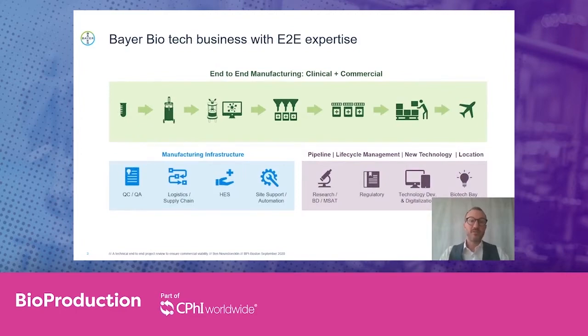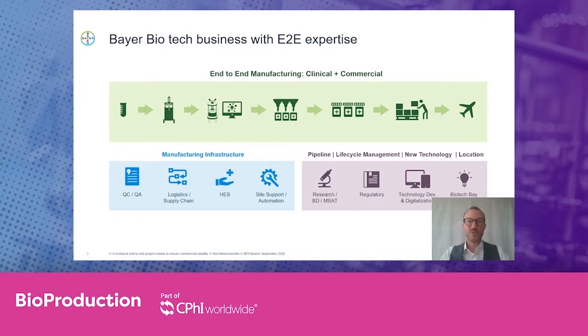We have deep end-to-end and manufacturing experience from cell-based fermentation over purification, fill and finish, packaging, and global distribution. We do this for clinical manufacturing as well as for commercial operations. Our manufacturing infrastructure is supported by state-of-the-art quality control and quality assurance, as well as global supply chain.